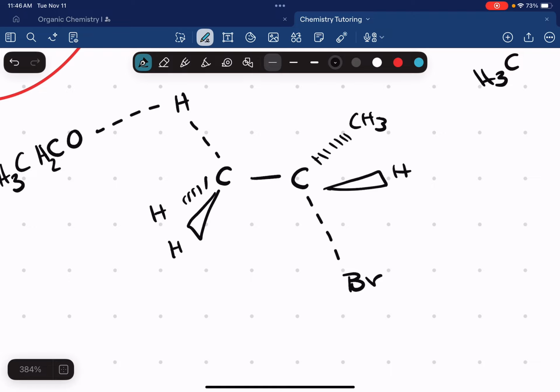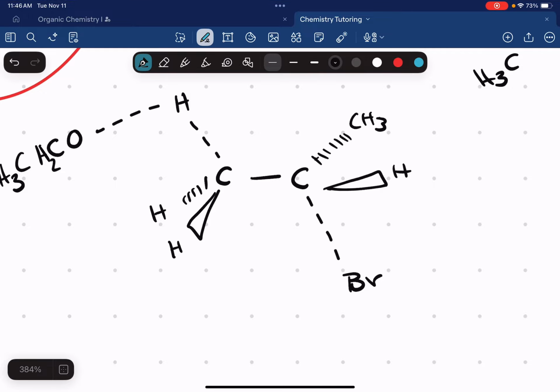Let me think of a good way to explain it. So it's staggered, right? It wants to be as far apart as possible because for this to happen simultaneously, that hydrogen needs to be far away from the bromine. Otherwise, there's steric hindrance, right? Because if it's close to the bromine, then as the bromine's popping off, the big base can't really get in there. So it needs to be as far away as possible, positioned on opposite sides of a single bond.